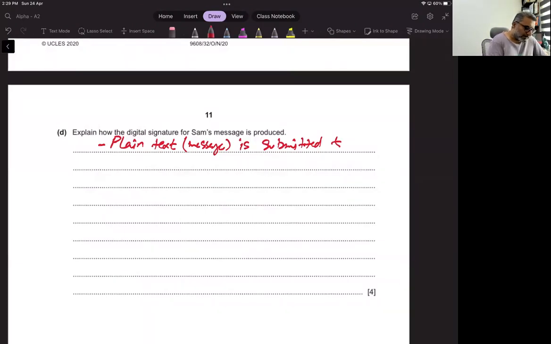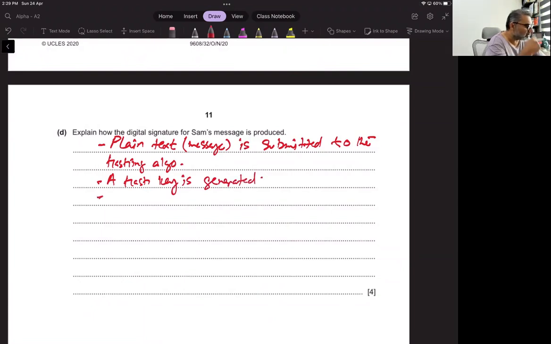A plain text message is submitted to the hashing algorithm. A hash key is found.